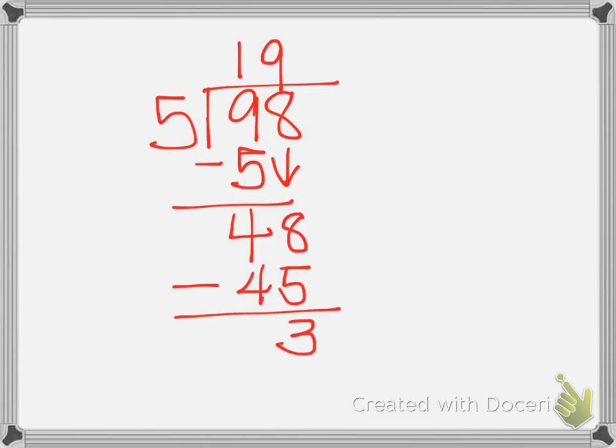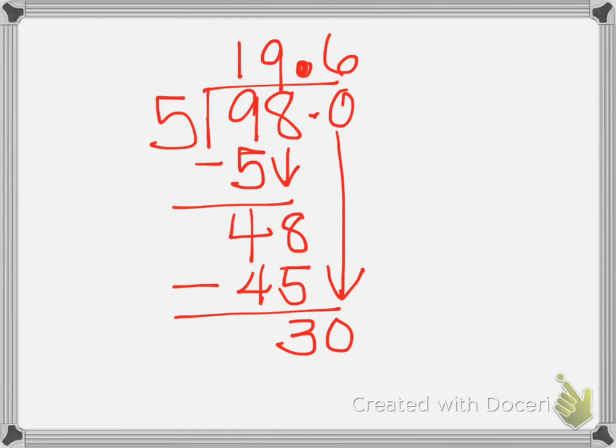Subtract and you get 3. Put your decimal here. Annex a 0. Bring down a 0. You put a 30. 5 goes into 30 how many times? 6. So your answer should be 19.6, and you can always check that.